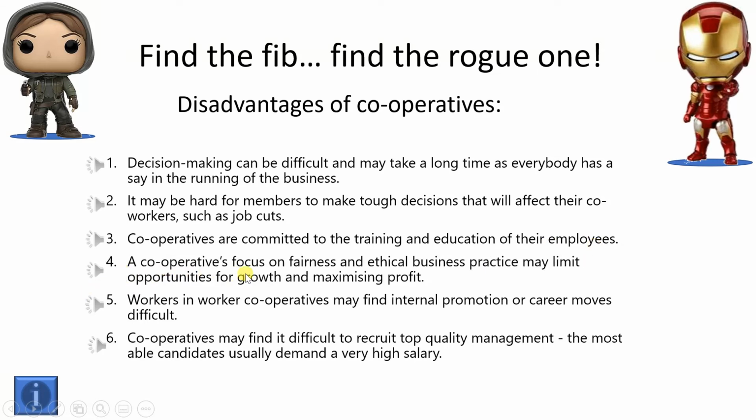Number 4, a cooperative's focus on fairness and ethical business practice may limit opportunities for growth and maximising profit. Number 5, workers in worker cooperatives may find internal promotion or career moves difficult. And number 6, cooperatives may find it difficult to recruit top quality management. The most able candidates usually demand a very high salary.